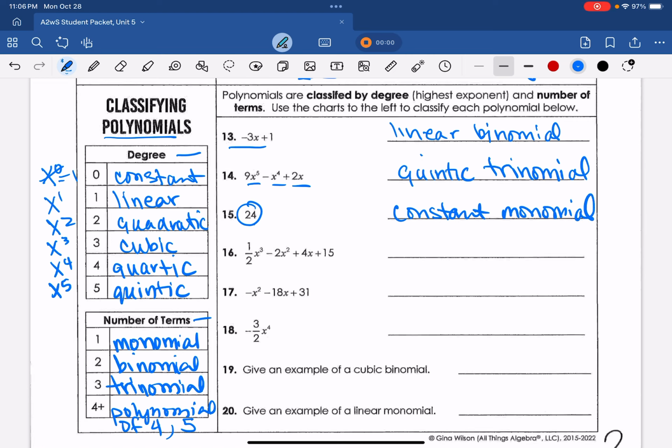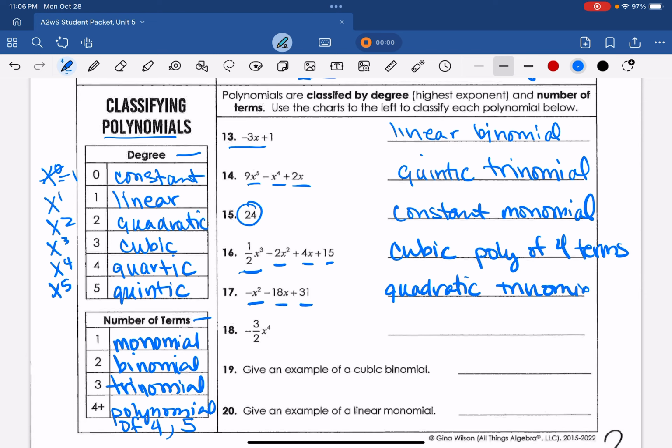Number 16, our highest exponent is a 3, so this is a cubic, and then there's 1, 2, 3, 4 terms, so it's going to be a polynomial of 4 terms. Number 17 is a quadratic, and there's 1, 2, 3 terms, trinomial. Number 18, there's only 1 term, and it's a 4th degree polynomial, so it's quartic monomial.